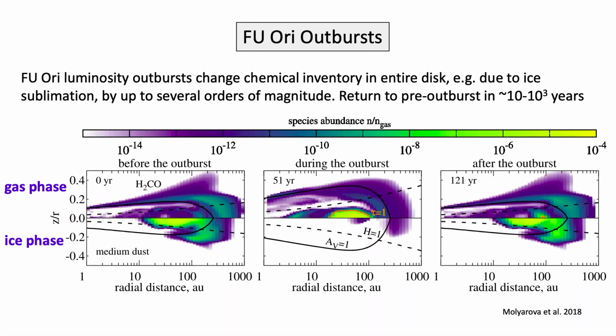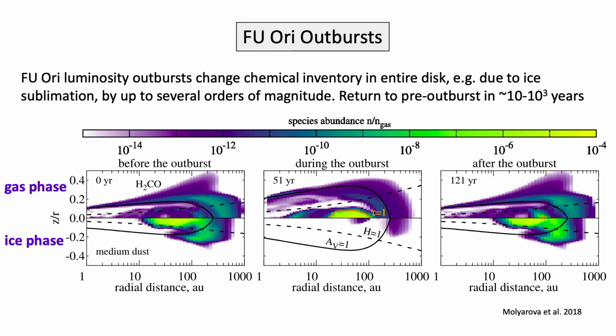See, these outbursts also change the chemistry in a disk. These are cross sections through the disk. The upper half shows the gas phase, radius and vertical direction. The lower half shows at the same time the ice phase chemistry, the abundances from chemical networks. You see just an arbitrary molecule, here H2CO. You see the abundance of the molecule before the burst here. During the burst, it's completely different.